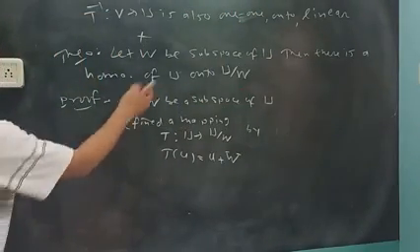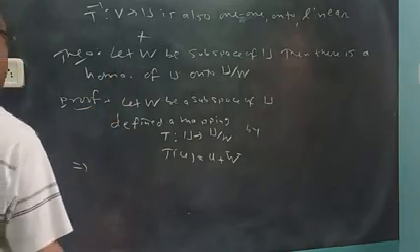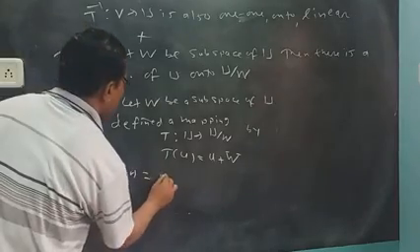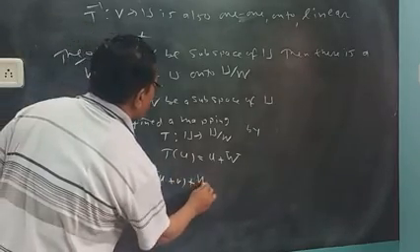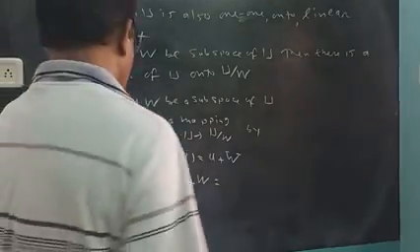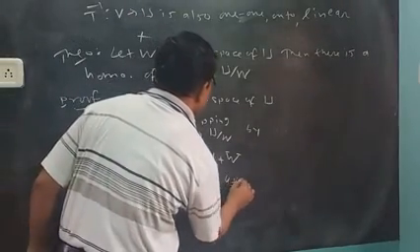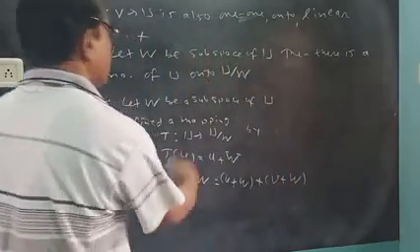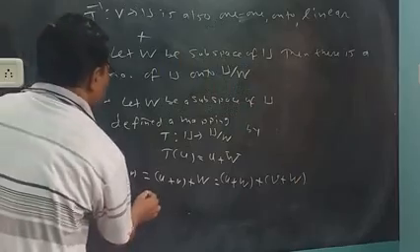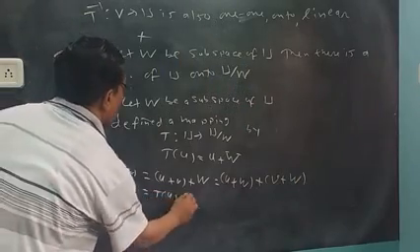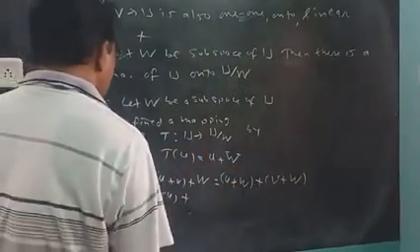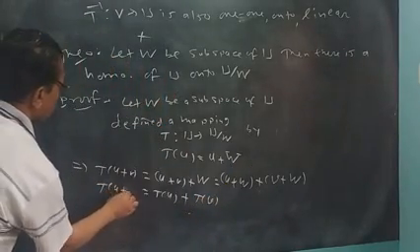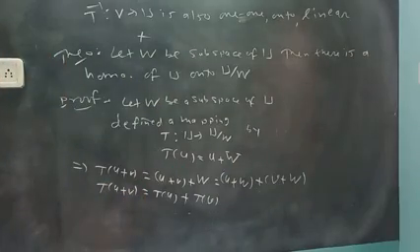Now verify this is a homomorphism. So T of u plus v, first point, will be u plus v plus W. Now u plus W plus v plus W is the addition of quotients. Now u plus W is T of u by definition, and v plus W is T of v. So T of u plus v is T of u plus T of v. First point.